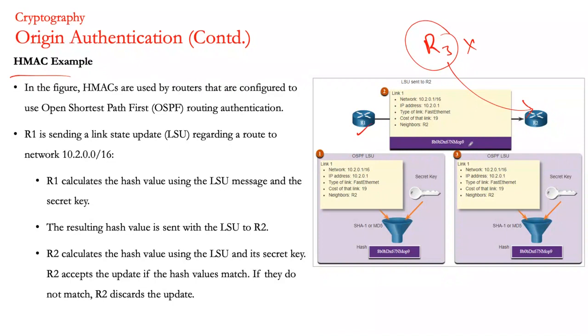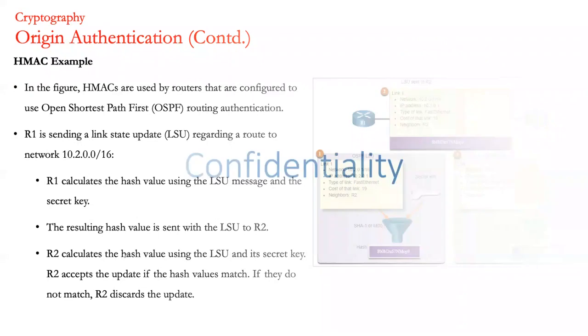So R3 cannot generate the same digest that R1 generated. R2 simply detects that the message coming from R3 is not a correct message, so it will be dropped. That way it secures the network and can detect the attackers. That is the data integrity part and authenticity.